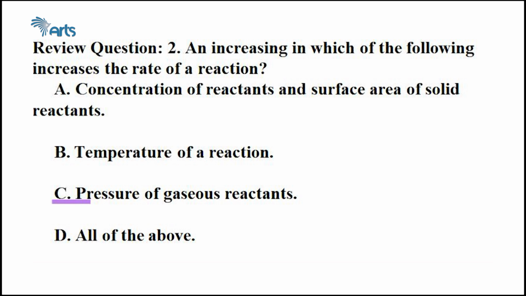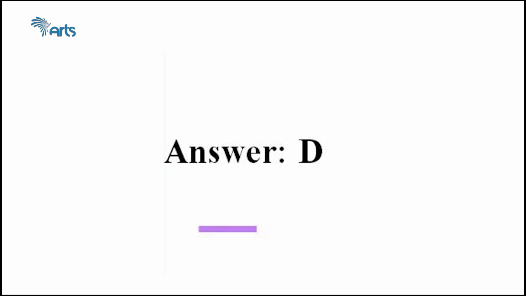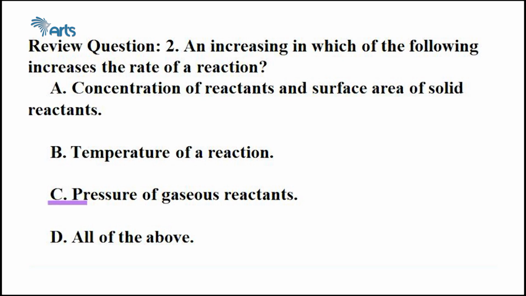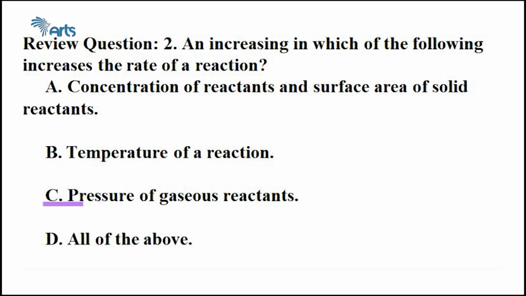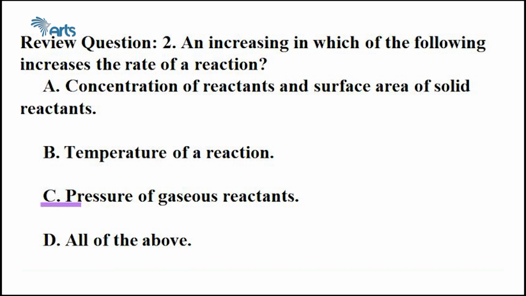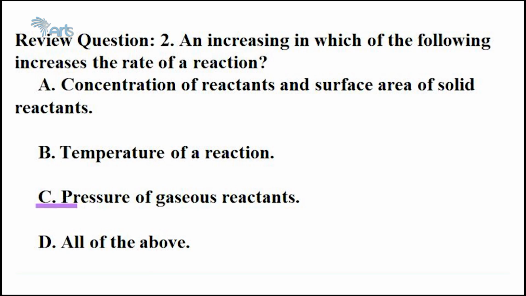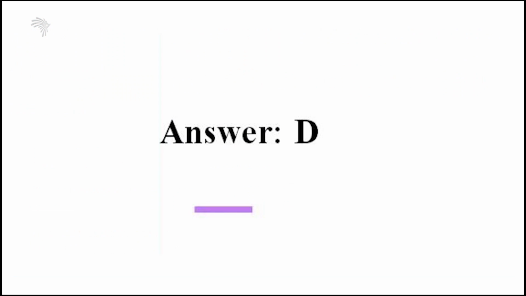The answer to this question is D, all of the above, because as we have repeatedly said in our discussion, all the aforementioned things such as concentration of reactants, surface area, temperature, and pressure are factors that increase the rate of a reaction. So if you answer this question by saying D, then you're correct.